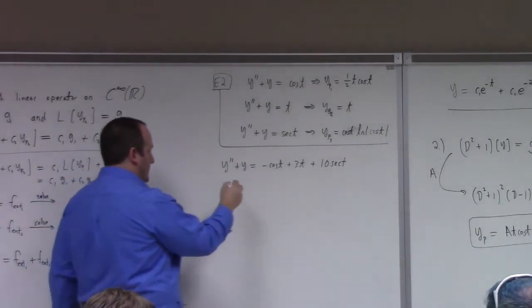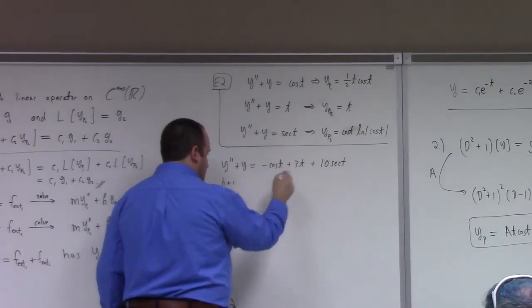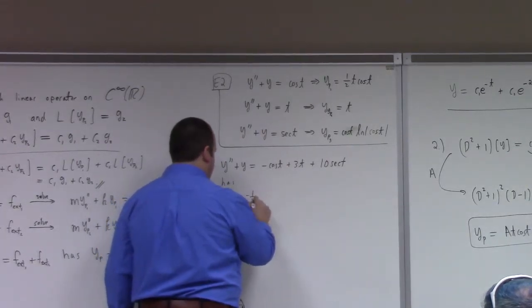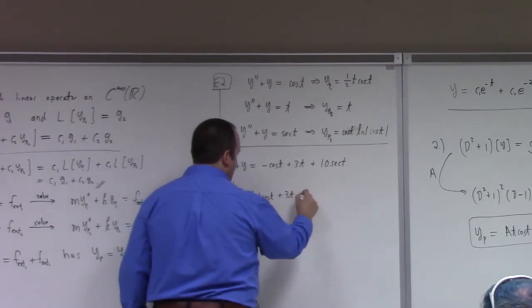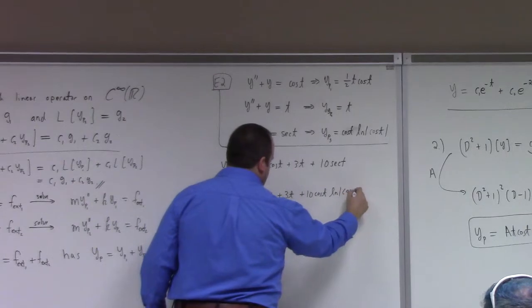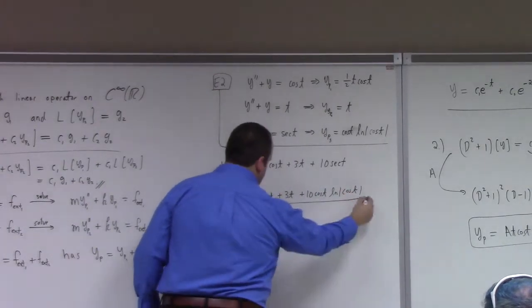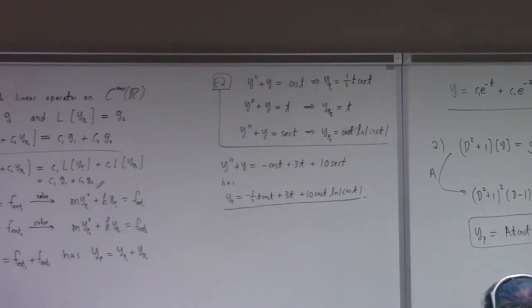So this has particular solution minus 1/2 t cosine t plus 3t plus 10 times cosine t times the natural log of the absolute value of cosine t, by the method of superposition, right? All 4 of the differential equations I just wrote down have the same homogeneous solution, right? That's not the general solution. That's just a particular solution. What would the general solution be?